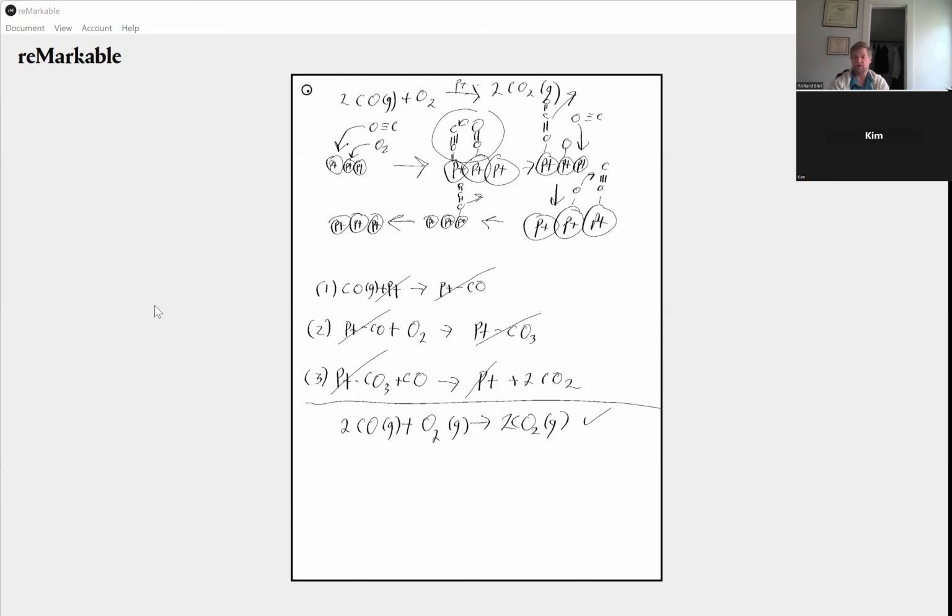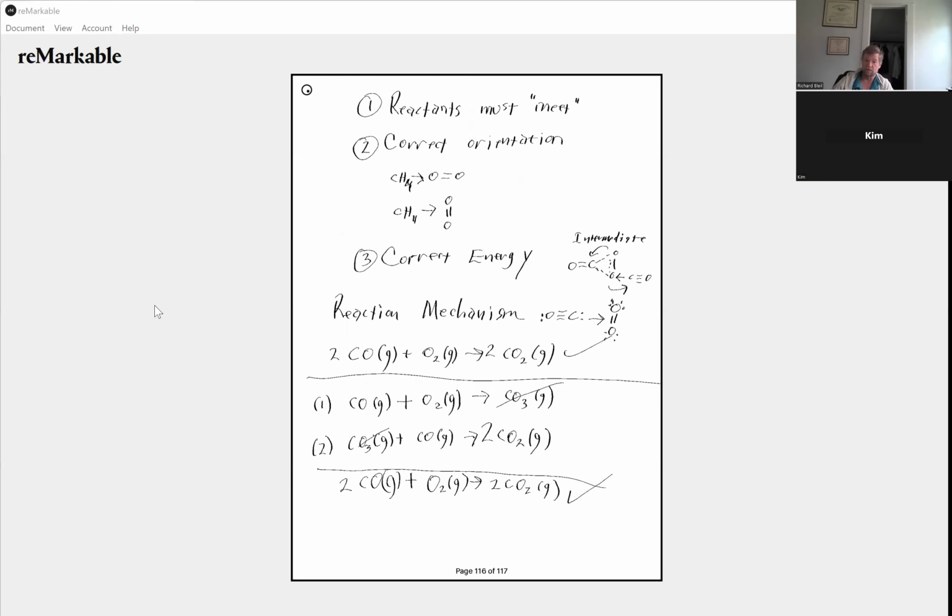So if the reaction doesn't occur naturally, you can add all the catalyst you want. It's not going to occur. It just doesn't work. But it speeds up a chemical reaction. And this is why, by the way, catalysts can never slow down chemical reactions. Catalysts can only speed up chemical reactions, because if it turns out that this pathway is slower, we still have the original pathway to go.